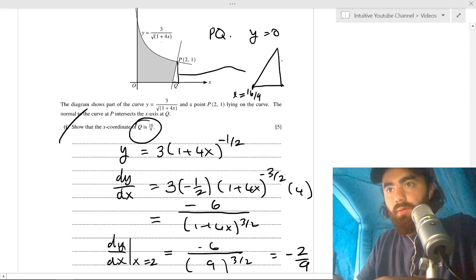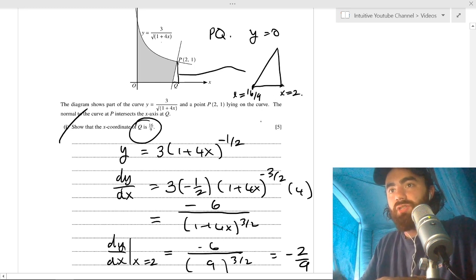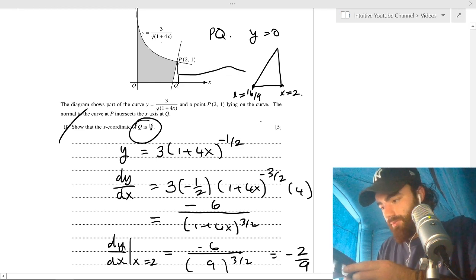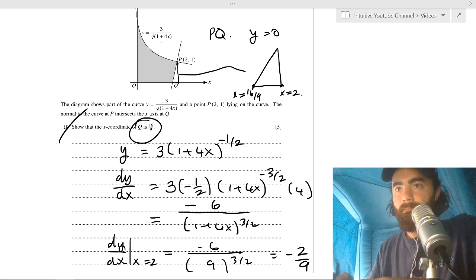And this point here where the line hits the x-axis will be the same as the point P, which is at x equals 2. So what that means is that the length of this bottom line is 2 minus 16 over 9, which is 2 over 9. And you'll see why I'm doing this in a minute.